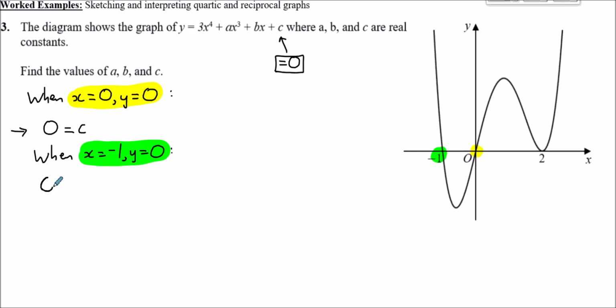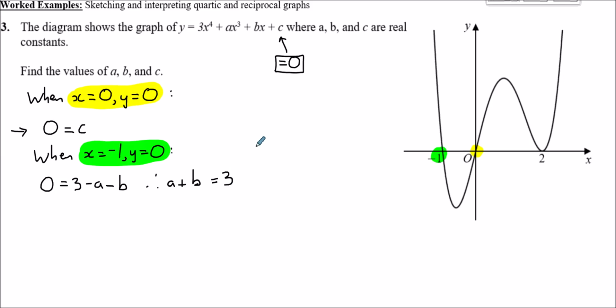So what we have from this is 0 equals 3 times -1 to the power 4. -1 to the power 4 is just 1, so that's going to give us 3. -1 cubed is -1, so that's going to be -a. b times x is b times -1, so that's going to be -b. So in other words, we have that a plus b equals 3.